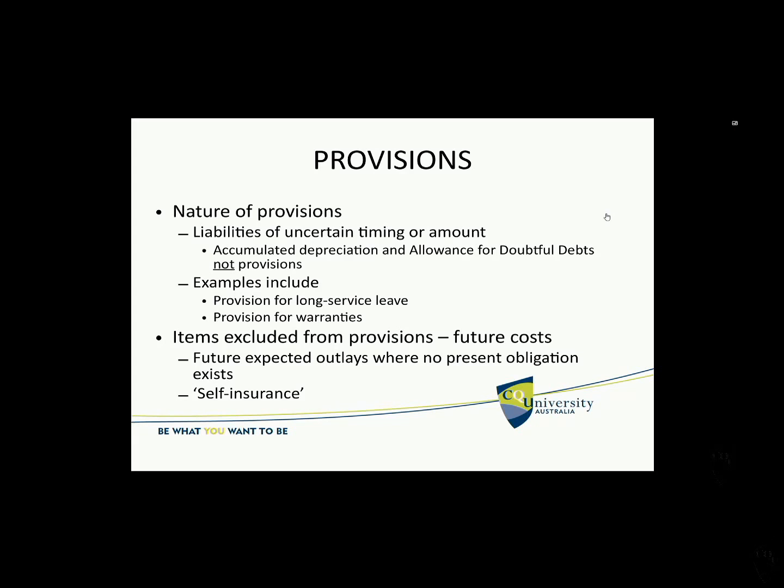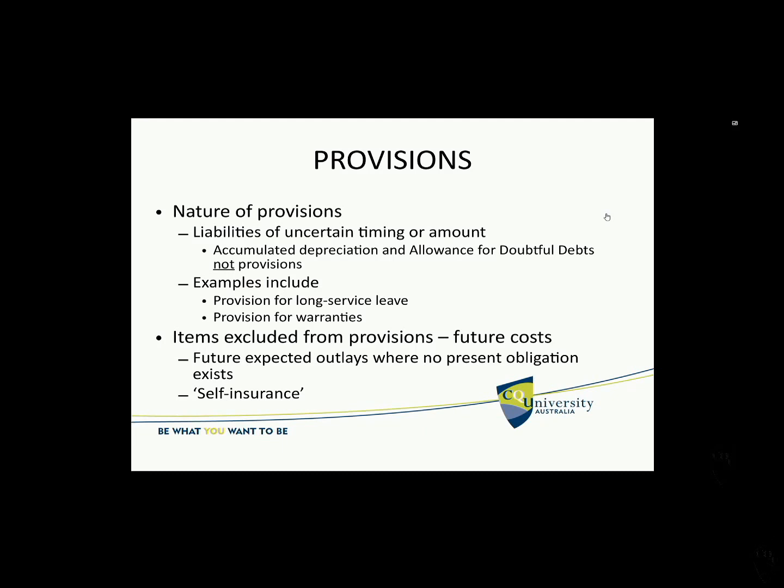They are normally a credit, the accumulated depreciation and allowance for doubtful debts. And they're normally a credit because of the sign of their companion account. In the case of accumulated depreciation, the companion account would be an asset account, perhaps the buildings, perhaps property, plant and equipment. And for allowance for doubtful debts, the companion account is a debit called accounts receivable.